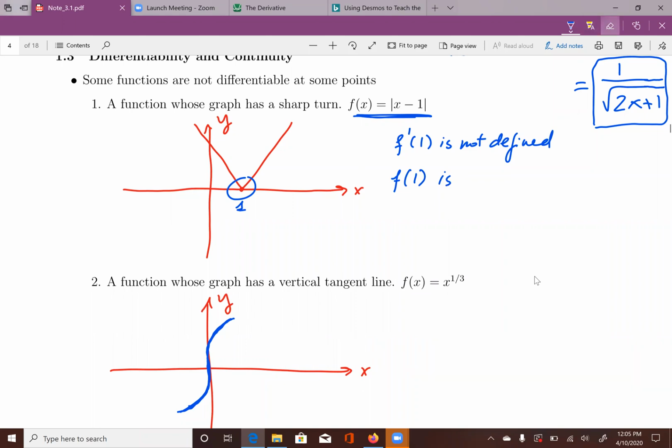Oh, it's not differentiable, I'm sorry. Oh yeah, right. So f prime of 1 is not defined, which means the function f of x is not differentiable at x equals 1, even though f of 1 is defined and continuous.